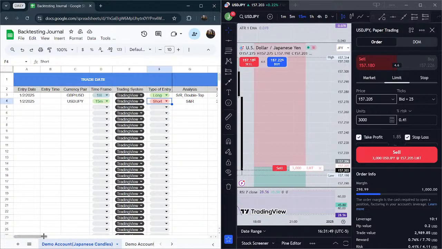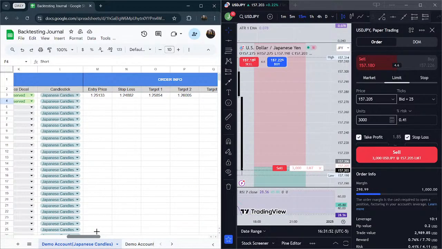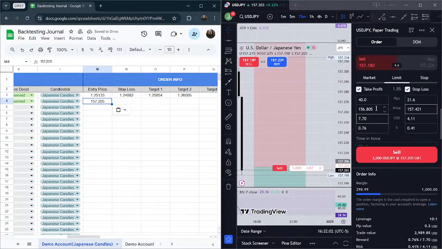So, entry price is that. It's not entry price. CP. I don't think we're going to run a target on this trade.